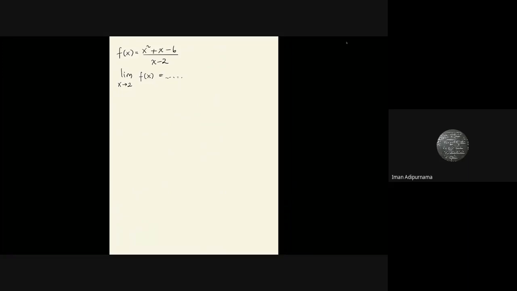You see, this is our function here. Our function is this whole equation, x squared plus x minus 6 over x minus 2. When you are factoring this, for example, making it (x plus 3)(x minus 2) over x minus 2, you're canceling this, and you have x plus 3.